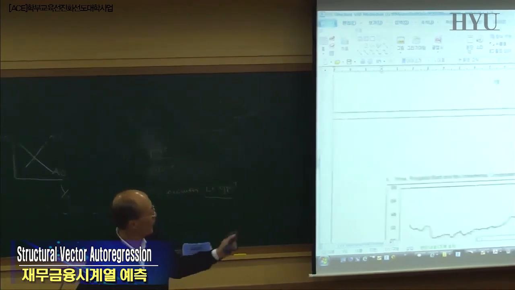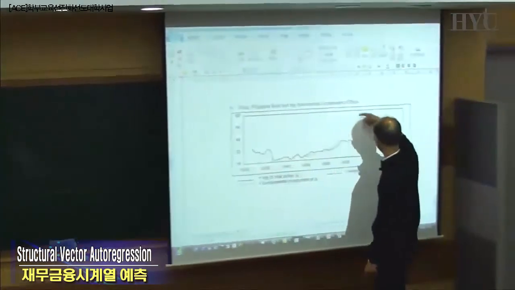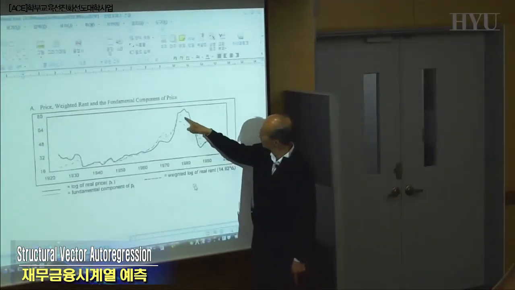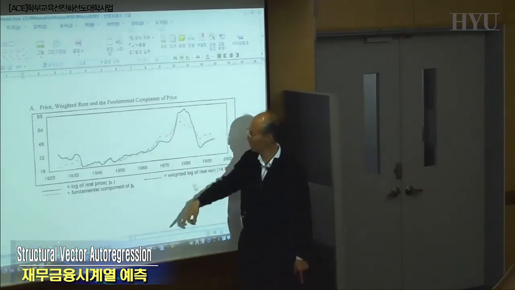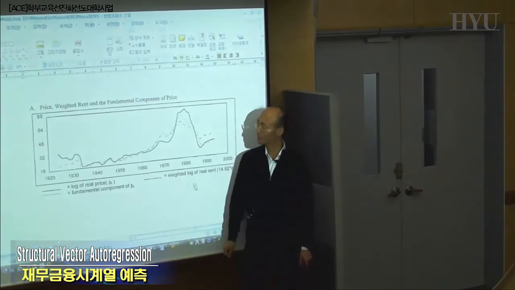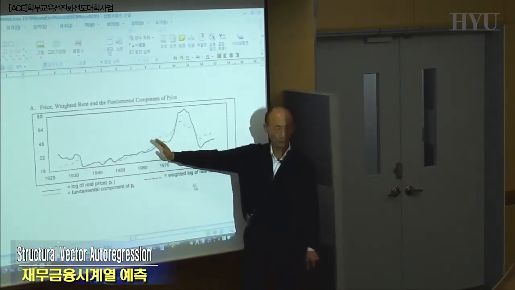So when you're done, the dark line is the real one, and this dotted line is what you call the fundamental component of real price. So you can answer this kind of question.